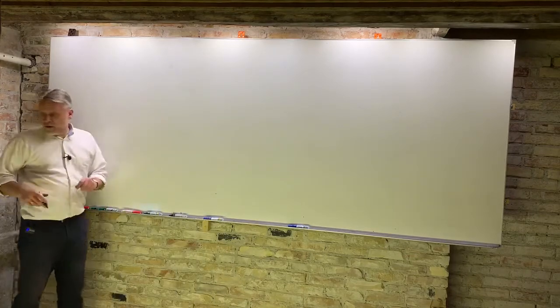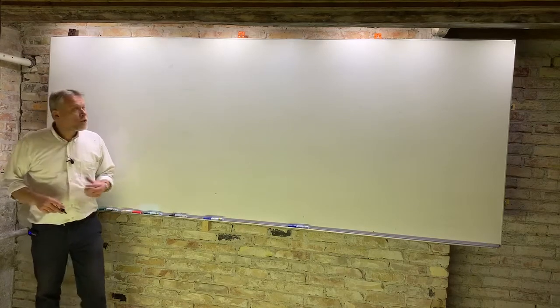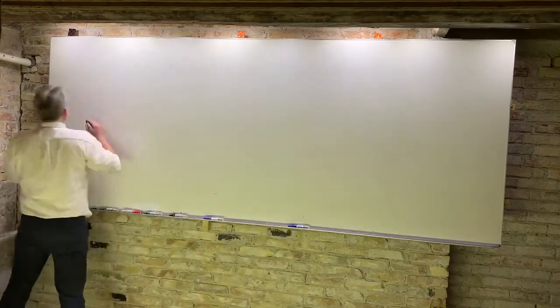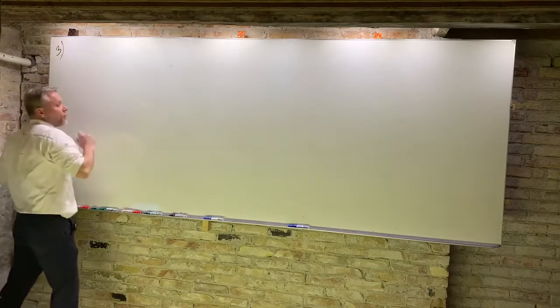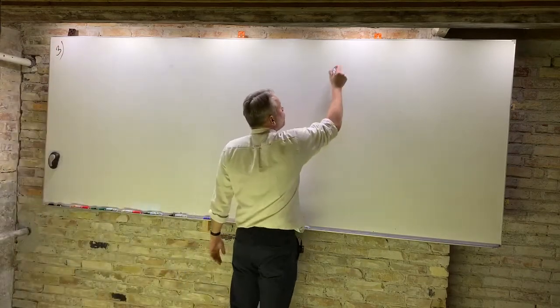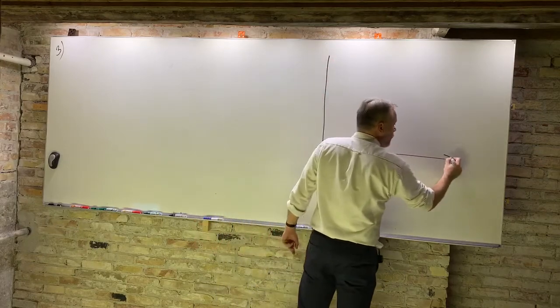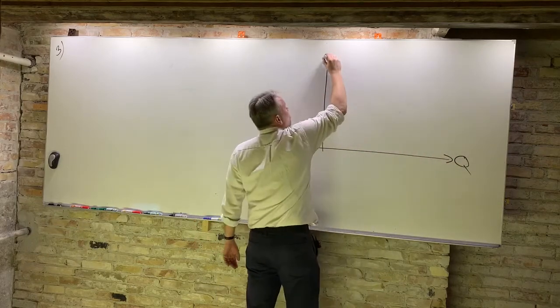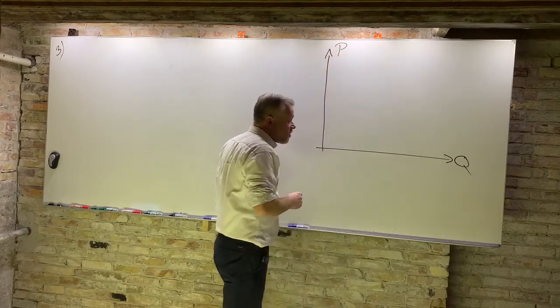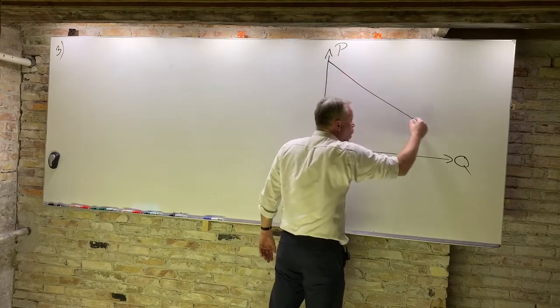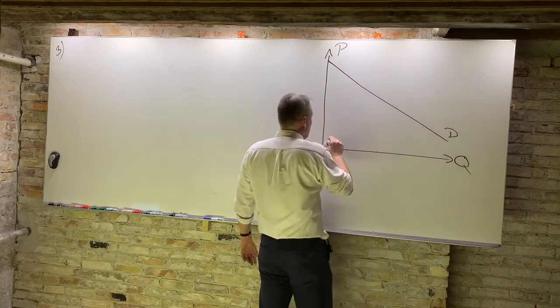Now, how then do we go about doing this? The answer is we do that by making a sketch. You don't have to hand in that sketch if you aren't asked to, and we haven't been, but it's a good idea to make a sketch. You can do it inside your head, but I'm going to do it on the whiteboard because otherwise you can't see it. In that sketch, we initially draw the original equilibrium.